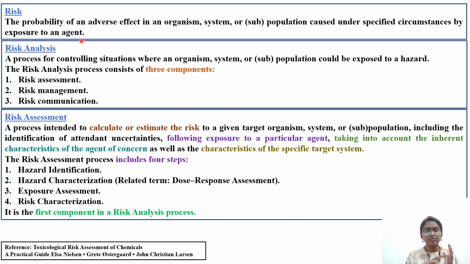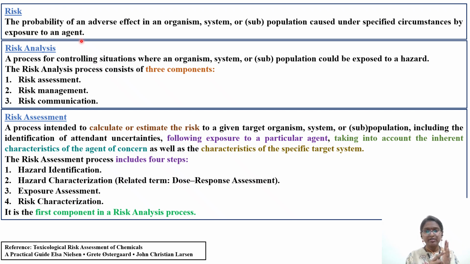Whenever we discuss this, think about the Bhopal gas tragedy, the Seveso disaster, the Chernobyl incident, or the nuclear accident which took place in Japan. Those are risk-prone areas. The hazard has happened.